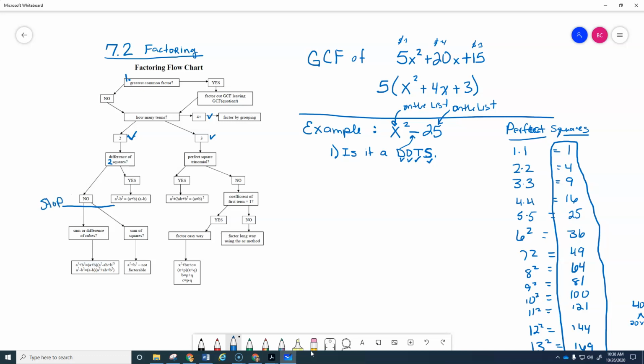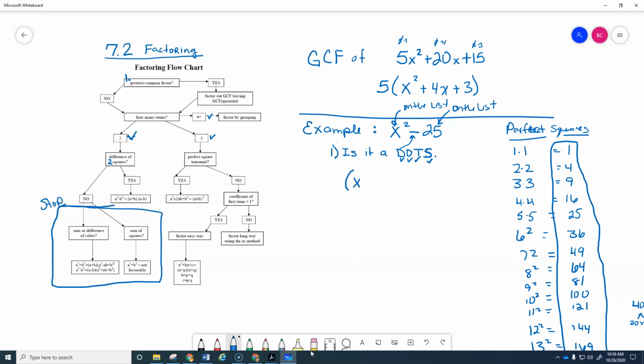We'll save this for after Christmas. But if it's not the difference of two squares, then you just stop. You've done everything you can do. It's factored completely. If it is the difference of two squares, then here's how it factors every time.